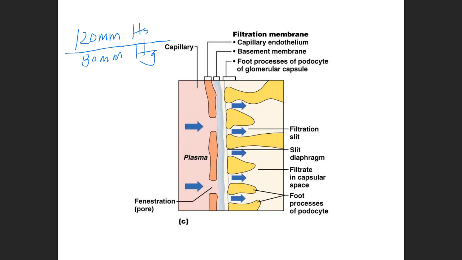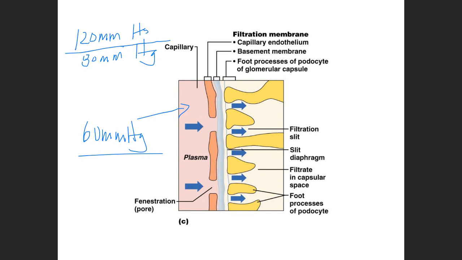And the key thing here is that when it reaches the glomerulus, there's roughly about 60 millimeters of mercury remaining. Okay. Now that's what drives the filtration pressure, if you will, the filtration. And so you have 60 millimeters of mercury that pushes the fluid out.